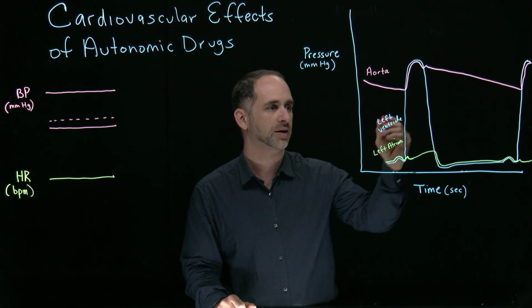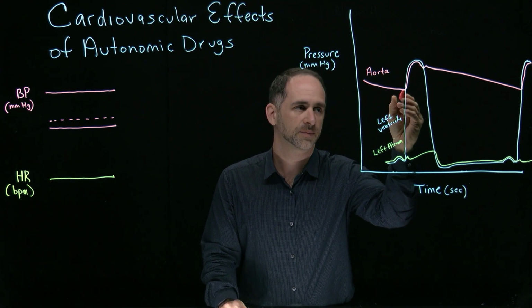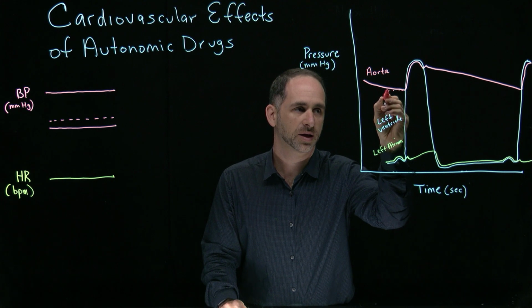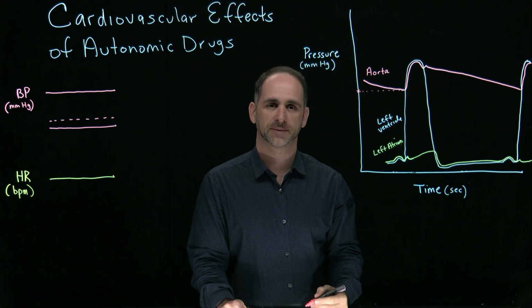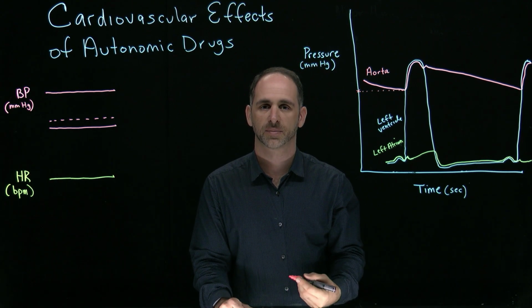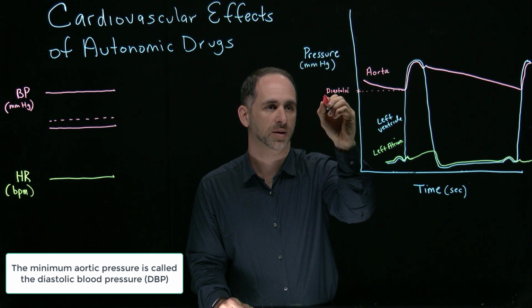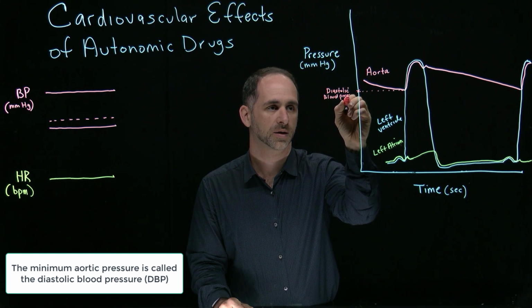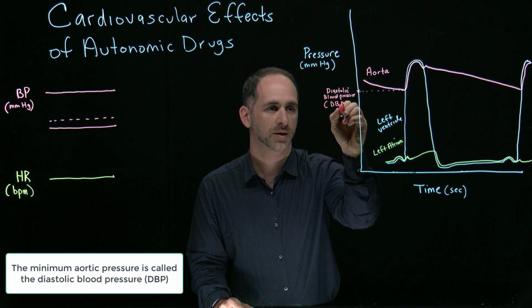You can see right here that the aortic pressure reaches a minimum, and by definition that's called the diastolic blood pressure, or we can just call it the DBP.